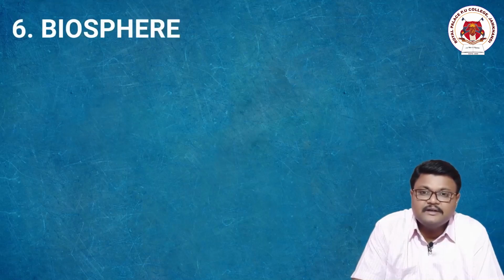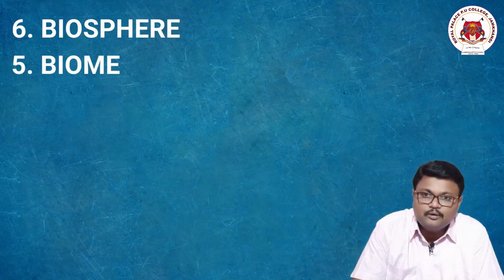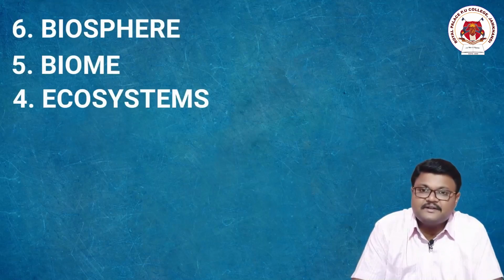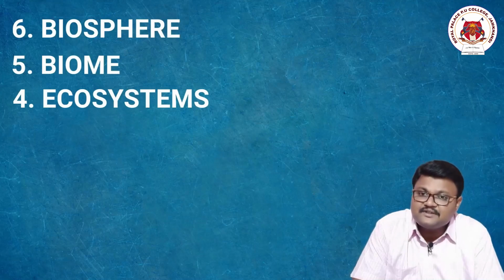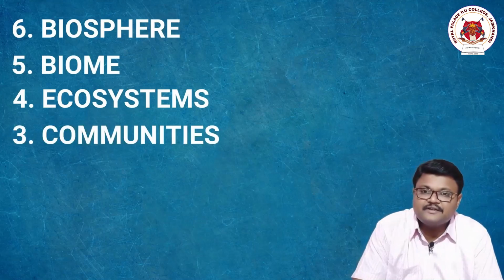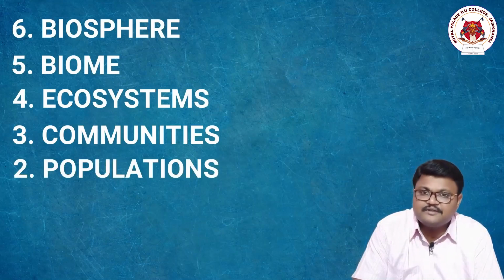Now students, I have given a large word called biosphere. Biosphere or earth contains different biomes in it, and these biomes contain different ecosystems in them. These different ecosystems contain different communities in them, and different communities contain different species populations in them.